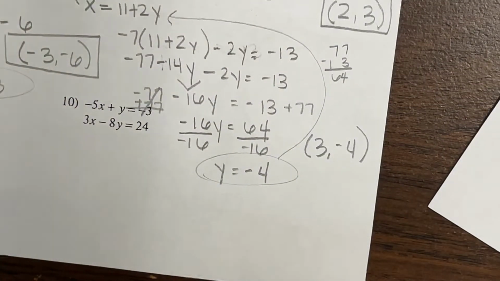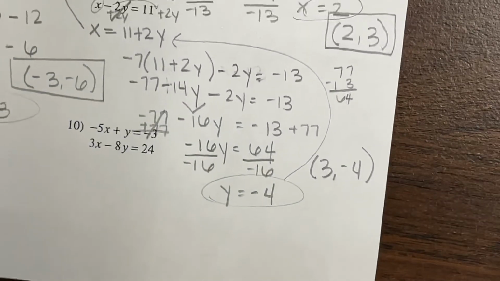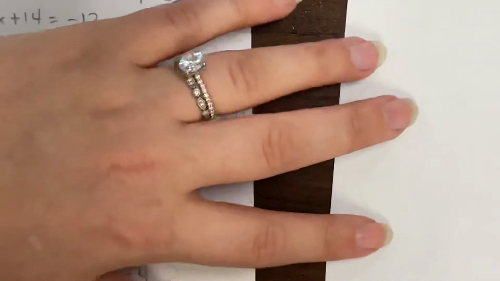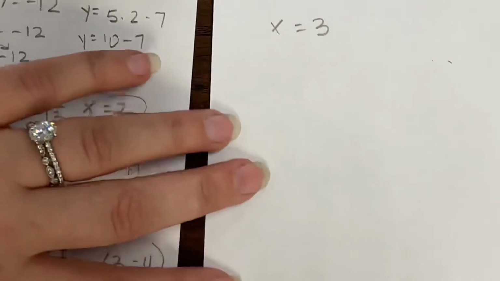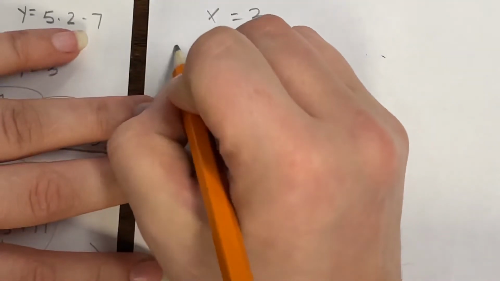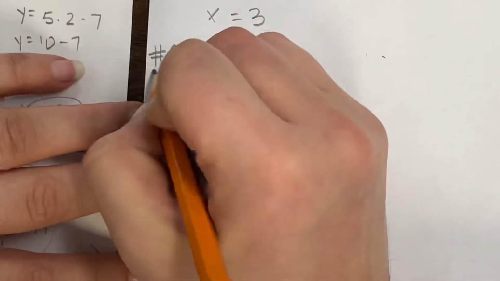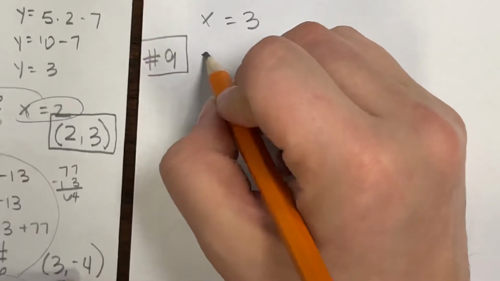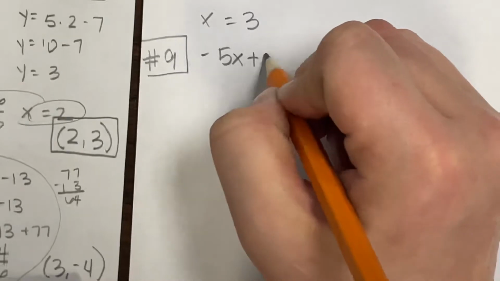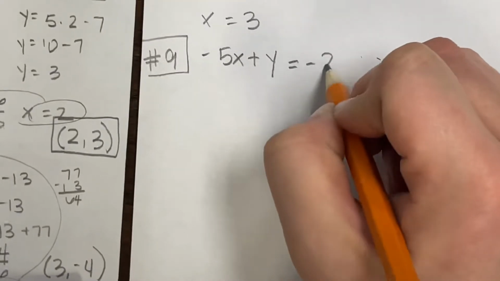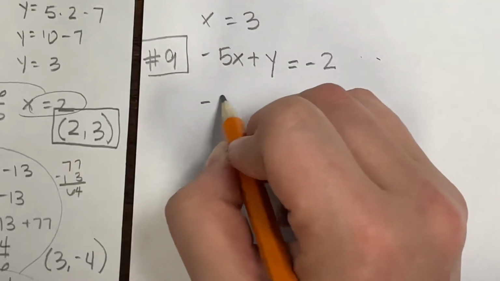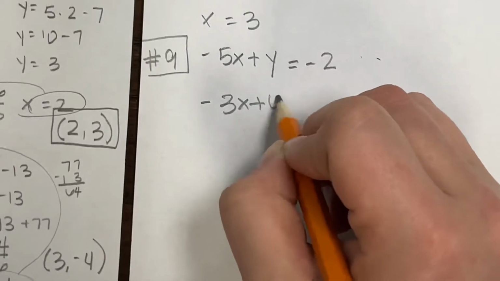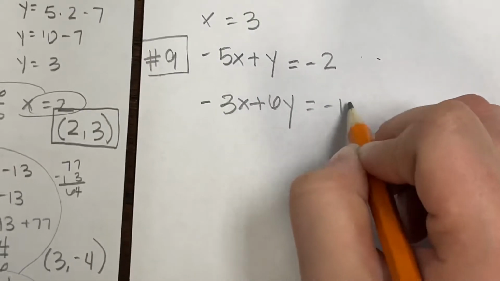I'm going to do 9 and 10 on a separate piece of paper because I'm running out of room here. So number 9. Says negative 5x plus y equals negative 2, and negative 3x plus 6y equals negative 12.